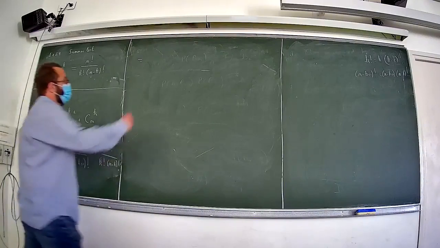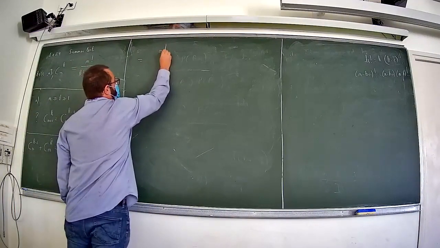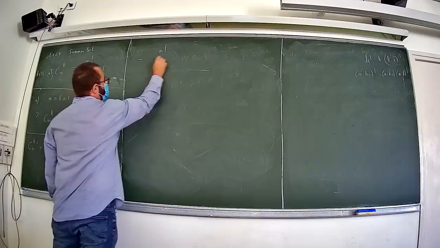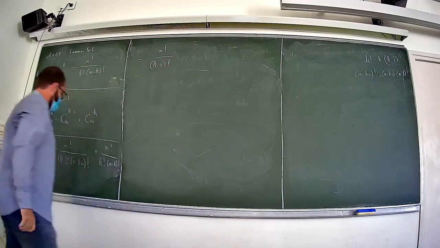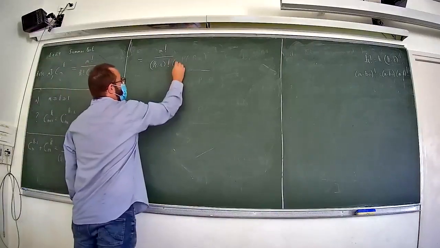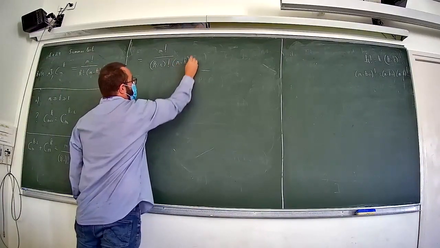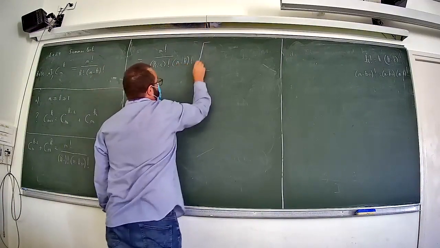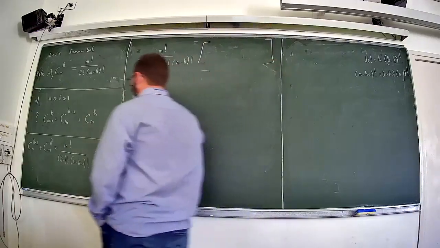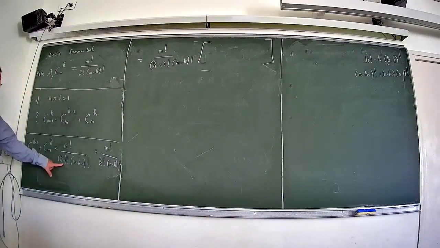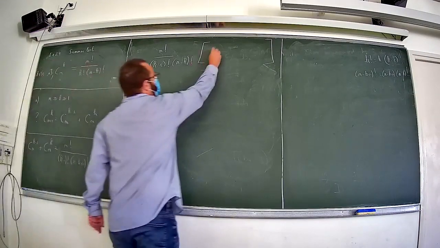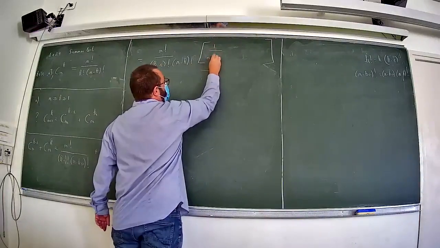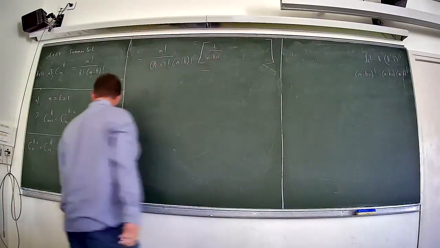In fact, I can factor out n factorial over (k-1) factorial times (n-k) factorial. And what are the remaining terms? If I want to obtain the first term here, the term missing is 1 over n minus k plus 1.